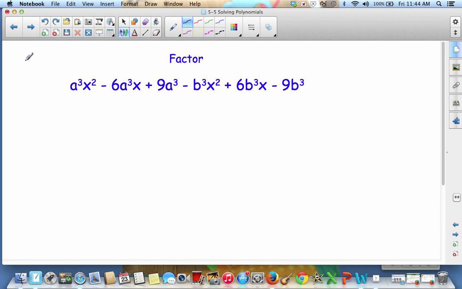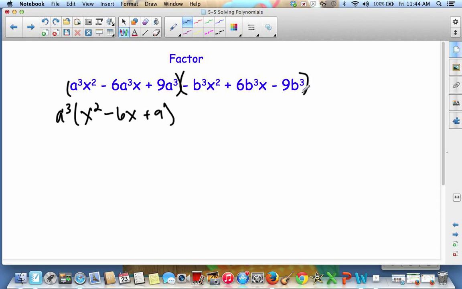All right, here's some more factoring. So again, we have lots of terms, so let's see if we can group these terms together. Pause the video, see what you can come up with. All right, so right here I'm looking at these terms. I notice they all have an a cubed that you can factor out. So I'm left with x squared minus 6x plus 9.